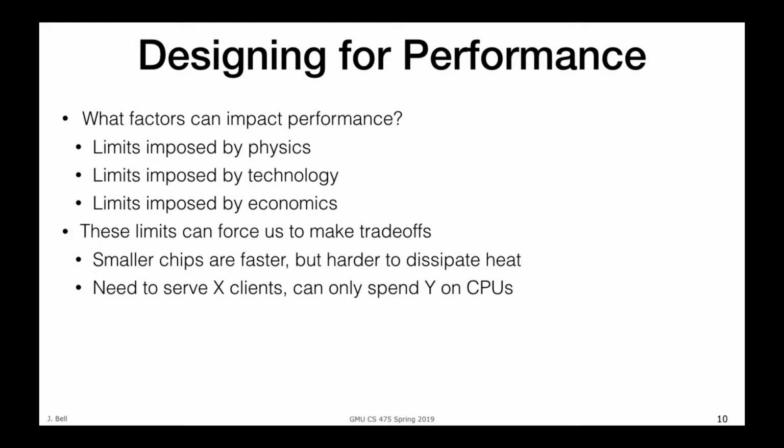So at a high level, we might consider limits that are imposed by physics. For instance, if my computation requires sharing data over a network, and I'm sharing data amongst several computers, and they're geographically distributed, say, across the continent, there is no way that I can get data between those two computers faster than the speed of light.